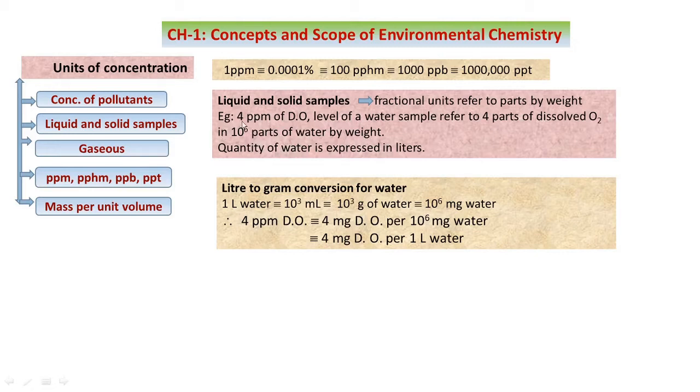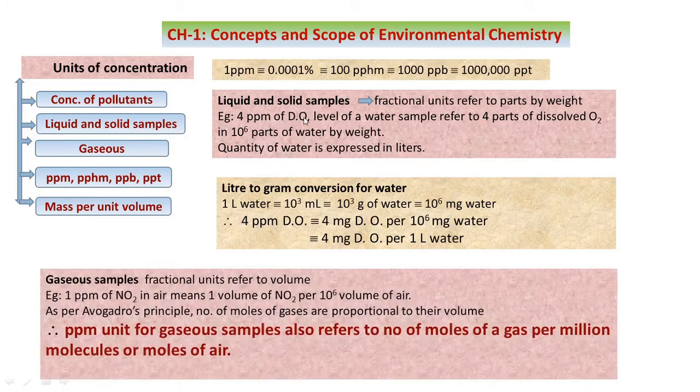That means 4 ppm of dissolved oxygen means 4 parts of O2 dissolved in 10 raised to power 6 parts of water.